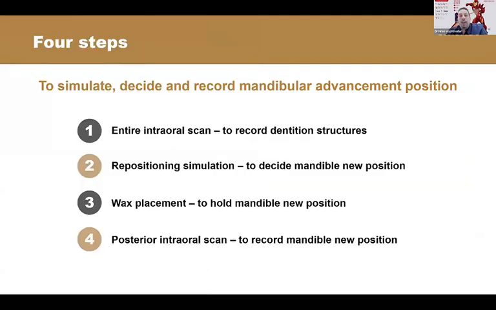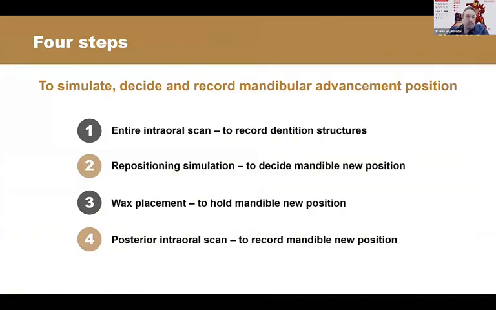And then we have 4 steps to follow to get a perfect wax bite. The first step is to take an entire oral scan to record all the dentition, upper and lower. And if we are combining our treatment with other devices like the S11, S16, we need to take a full scan of the palate.